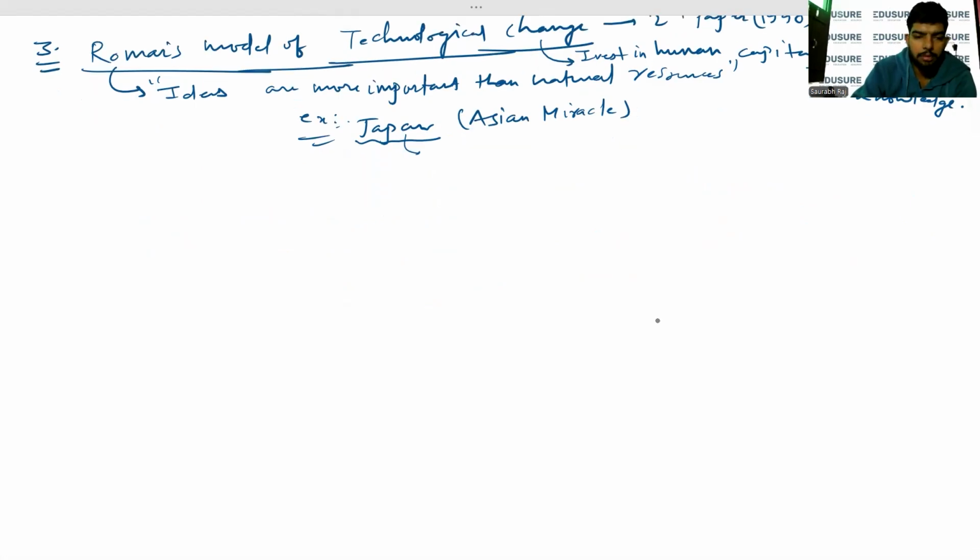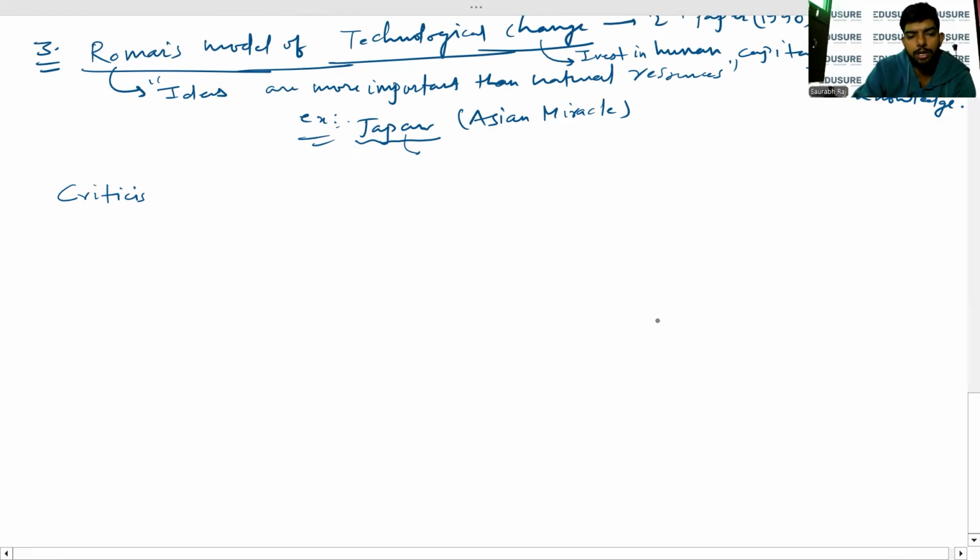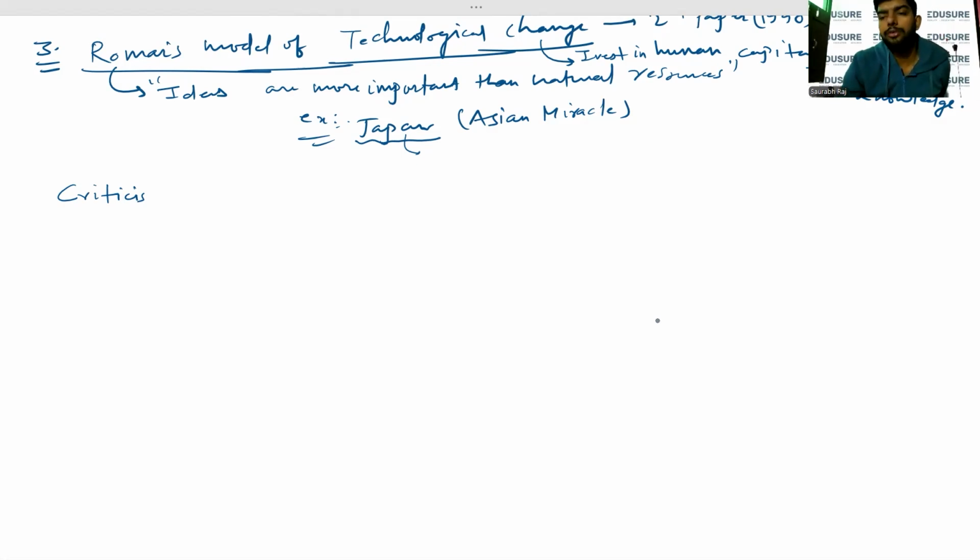Now we will see some criticism of new growth theory. So this concludes the model formulation and the determination of the long run equilibrium growth rate. Now the criticism. First, there is nothing new in the new endogenous growth theory. Why? Because the concept of endogeneity was also discussed by Kaldor, as we have seen.